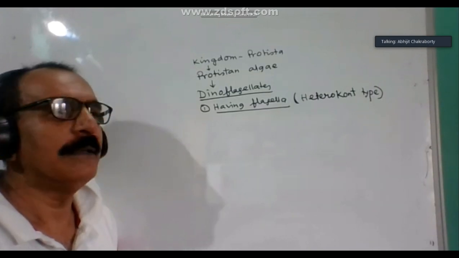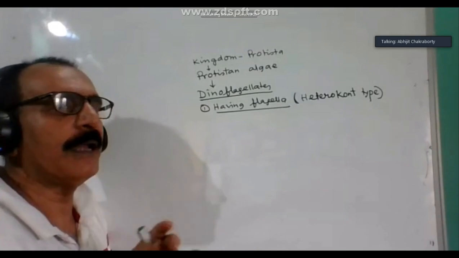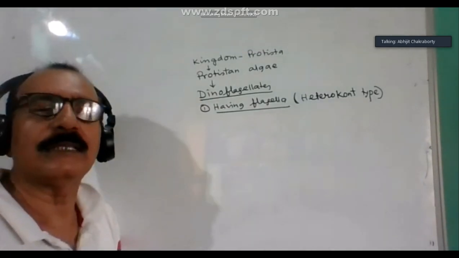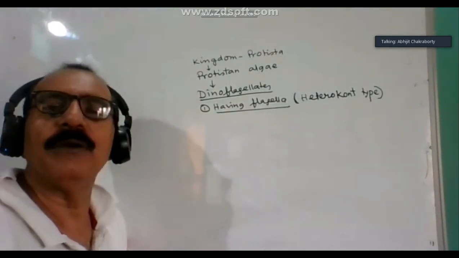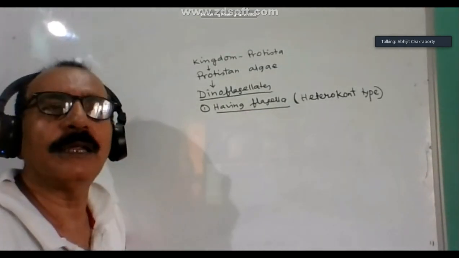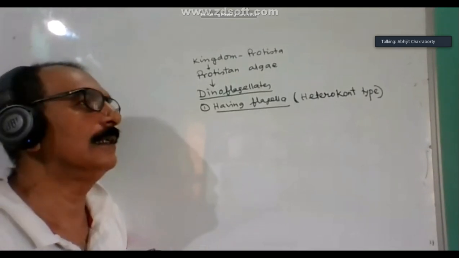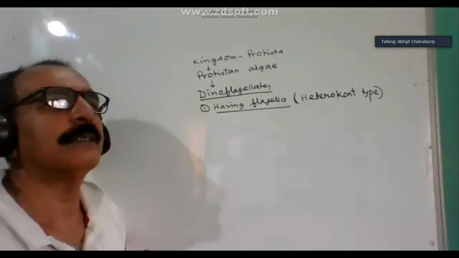And if they differ in position, one longitudinal and the other lateral, or are unequal in size, then the term used is heterocont type. Remember this first thing: the flagella are heterocont type.